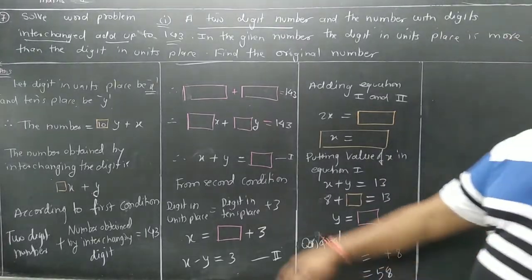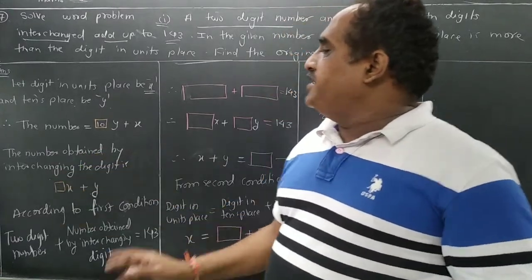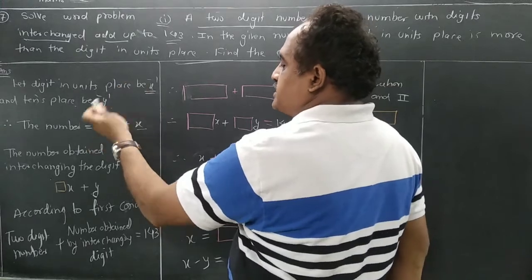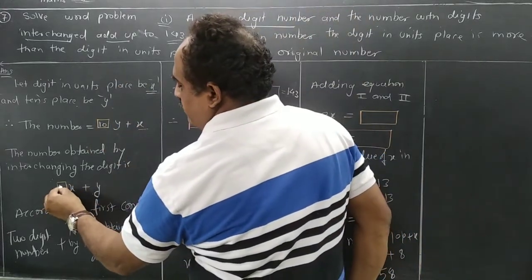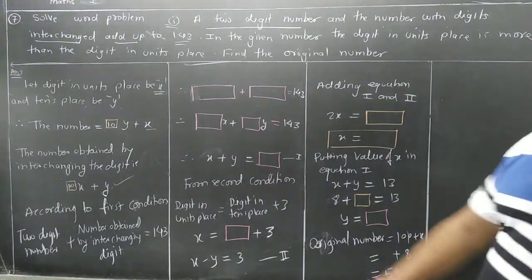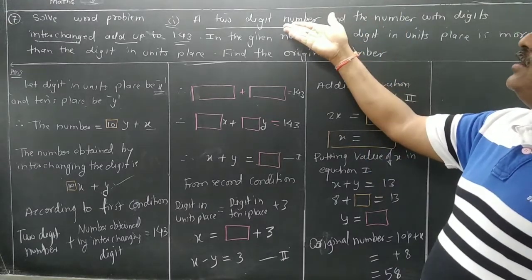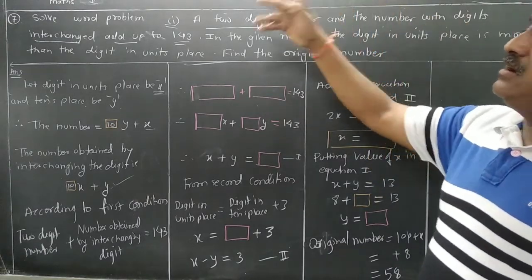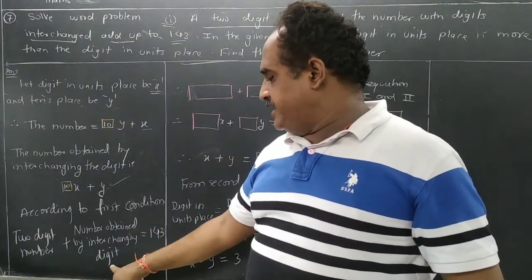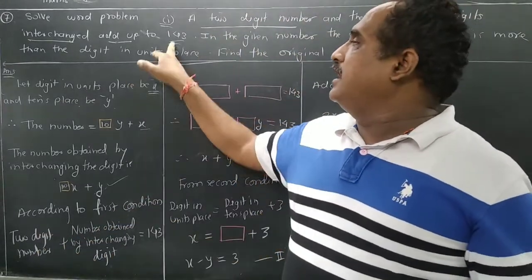Okay, this is the first box we have completed. For the number obtained by interchanging, when it changes, the digit in units place will become tens place, and the digit in tens place will become units place, and the number will become 10x plus y. Then, according to the first given condition, a two-digit number and the number obtained by interchanging its digits, when added, is 143.